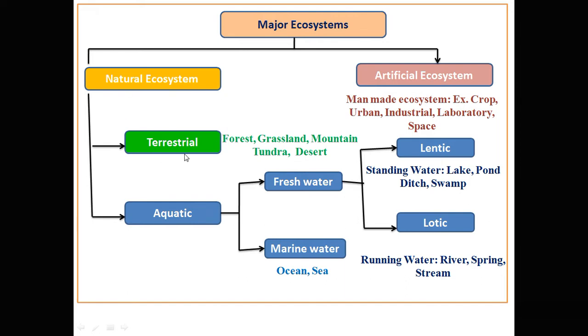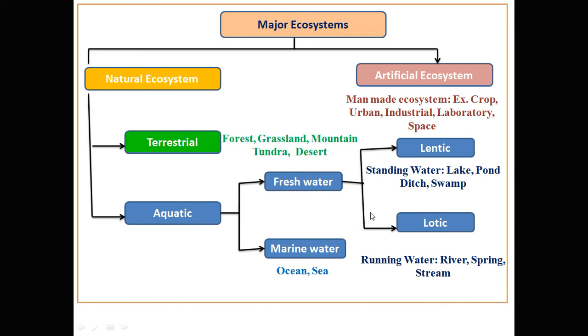Natural ecosystem is further classified into two parts: terrestrial ecosystem, including all land area, and aquatic ecosystem, which includes the whole water content of the earth. Aquatic ecosystem is further classified into freshwater and marine water.